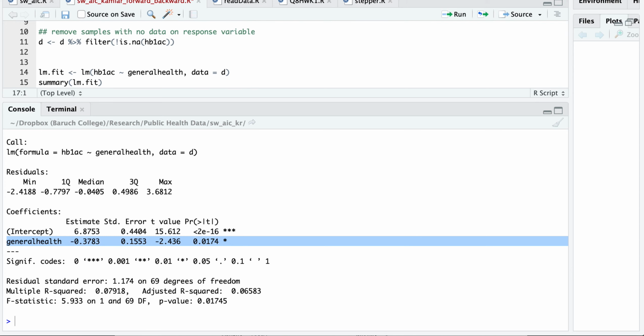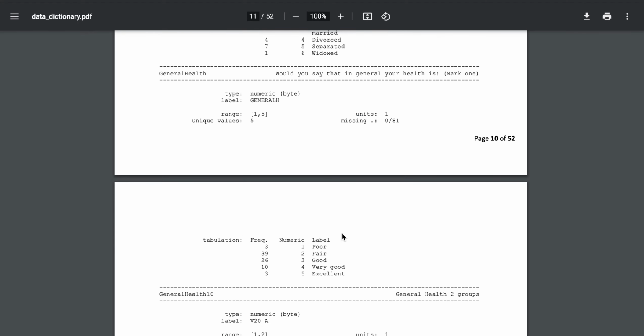Negative 3.7 means that those who have, for example, fair, on average, their blood sugar is 3.7 less than poor, or excellent is 3.7 less than very good. So the general trend is that those who view themselves as being healthier tend to have lower levels of blood sugar. That's all we see.